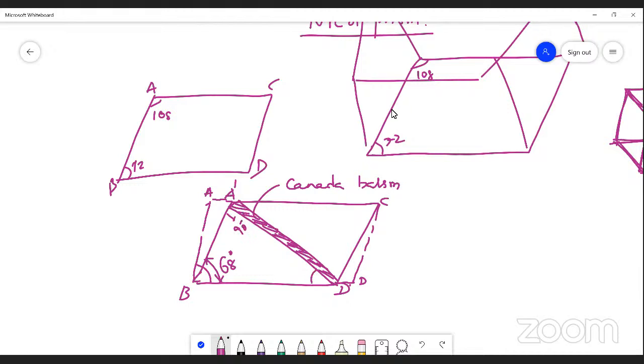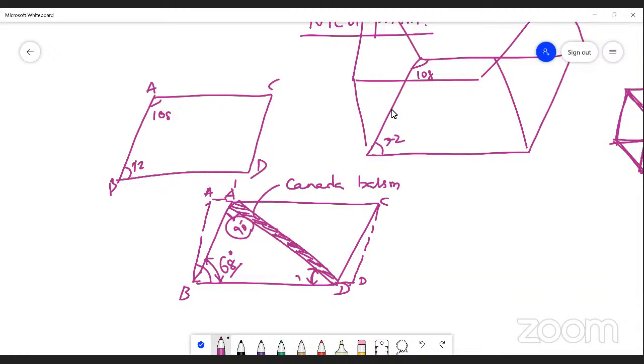So what is this angle? Anyone? The student answers: 22 degrees.